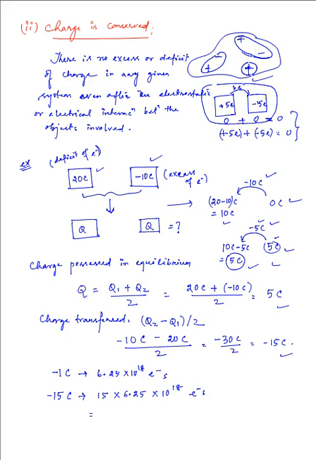You can calculate this out. This roughly comes out to 93.75 times 10 raised to the power 18 electrons. In a better way of writing it, we have 9.375 times 10 raised to the power 19 electrons which were transferred.